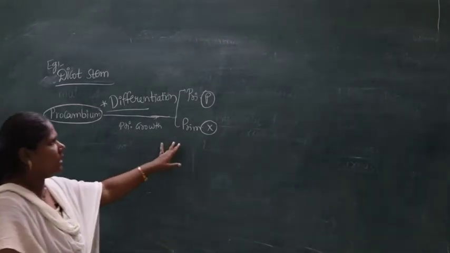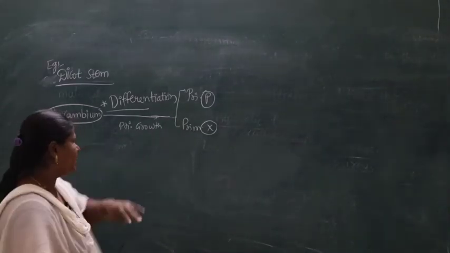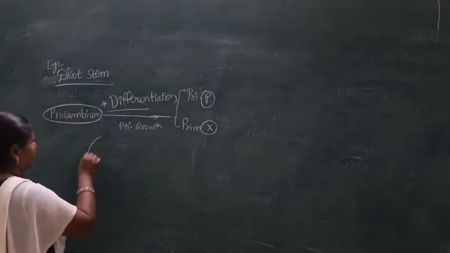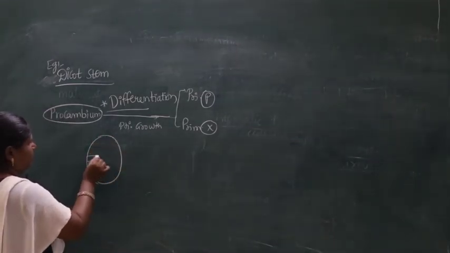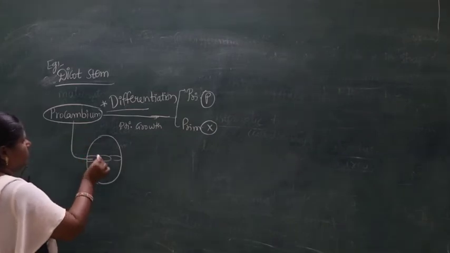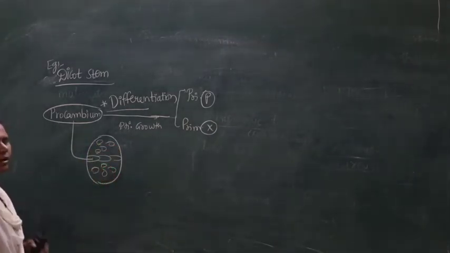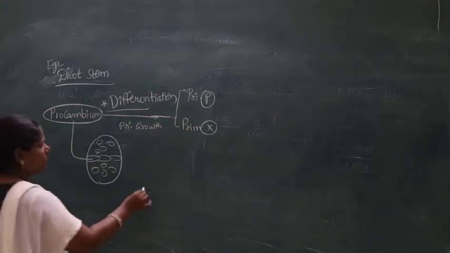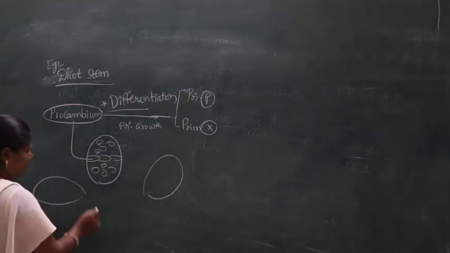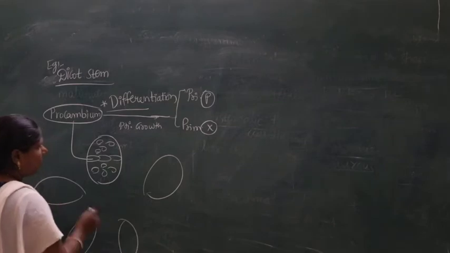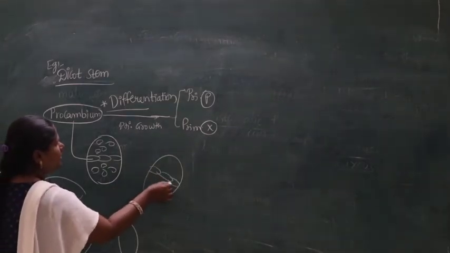Now, next what happens? Now, these are permanent cells. When you take this, this is a permanent cell. This is dicot stem. Later what happens?